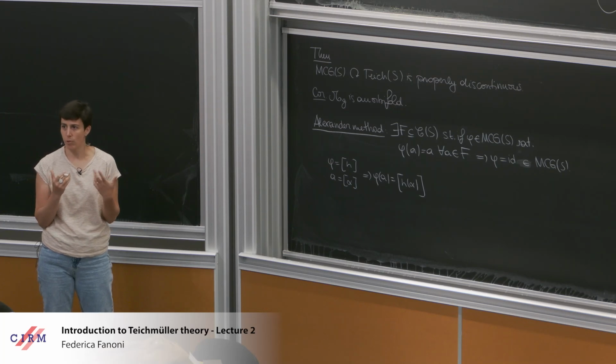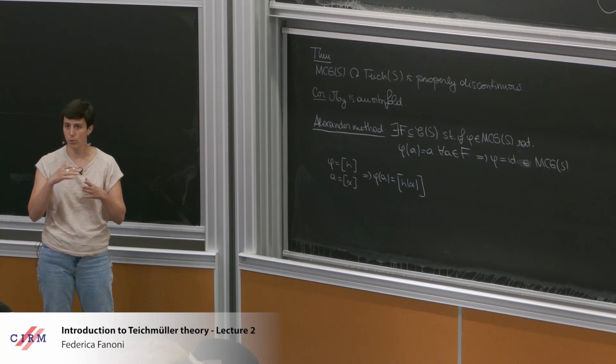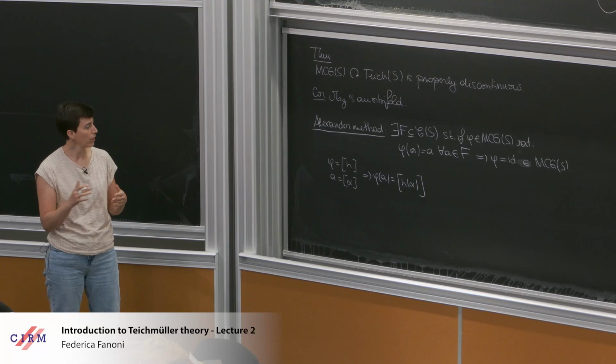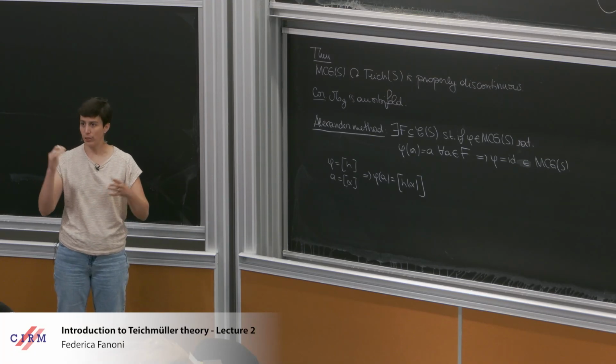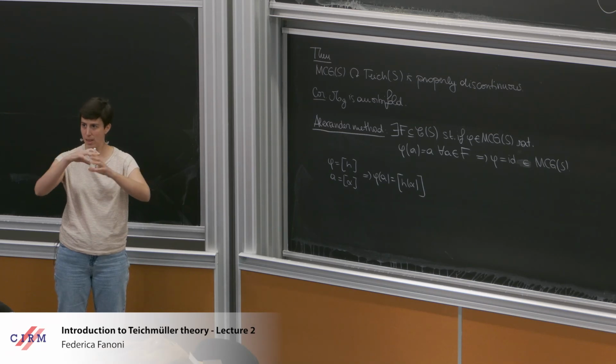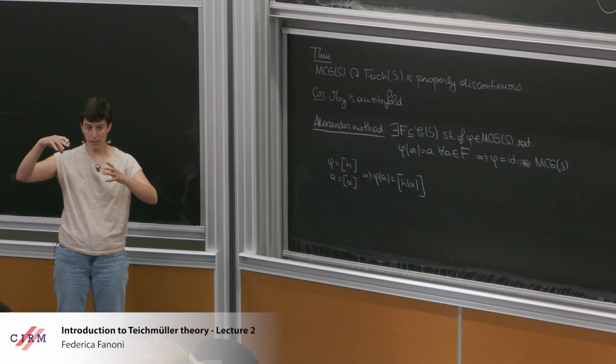And maybe one way you could believe that is you take enough curves so that your surface is cut into disks. That's not really enough, but almost. Then if you know that all the curves are sent to themselves, in practice what you have is a map that's the same on these curves and that sends disks to disks.